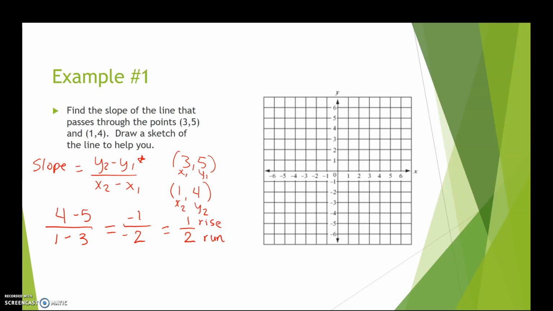So what that means is if I start at one of the points, 3, 5, 3 over and up to 5. And from there, I'm going to rise 1 and run 2, and this would be my second point.